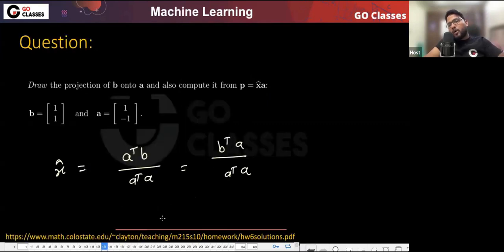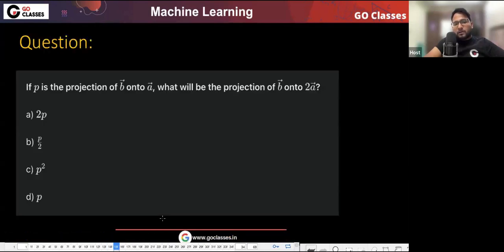I hope now you know how to find the projection of a vector onto another vector, right? Now suppose I ask you that P is a projection of B onto A. It is important to know that it is a projection of B onto A, not vice versa, because the things might change. So let's suppose this is A, then this is the projection which is P, right?